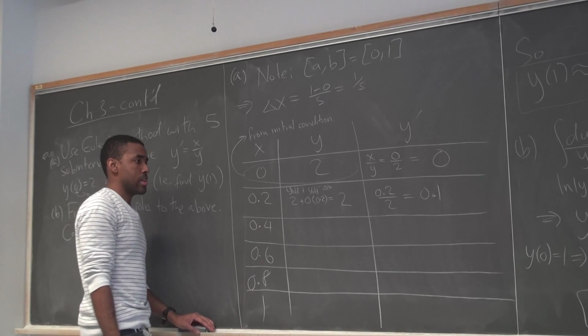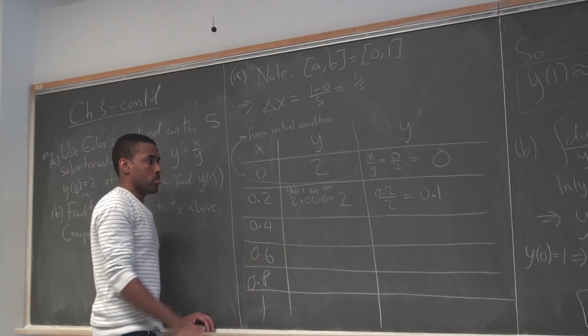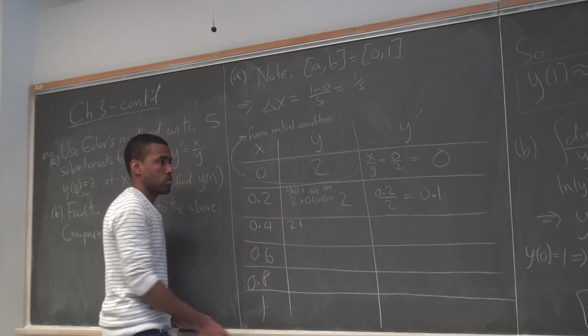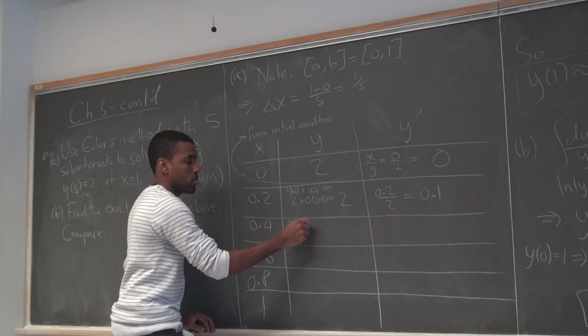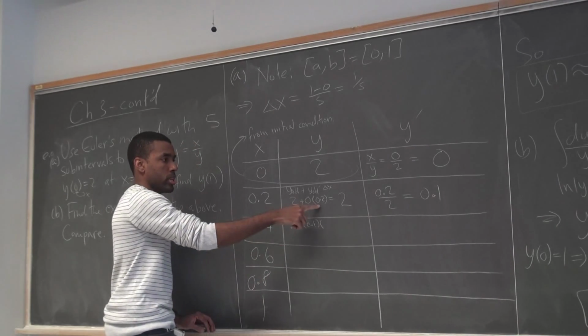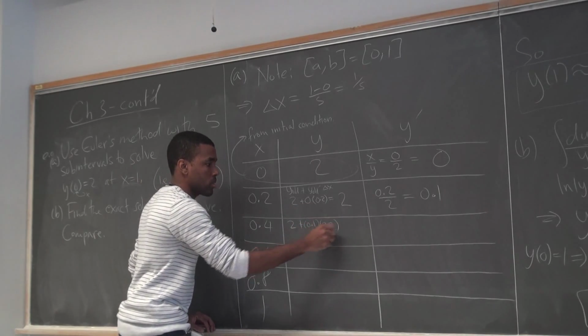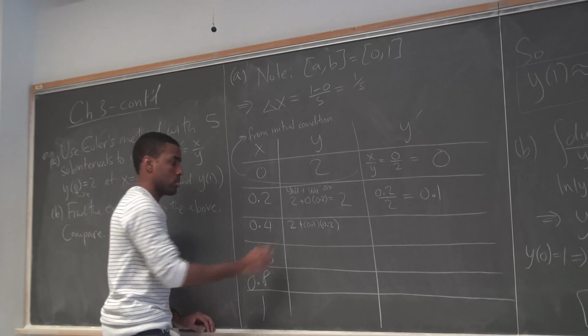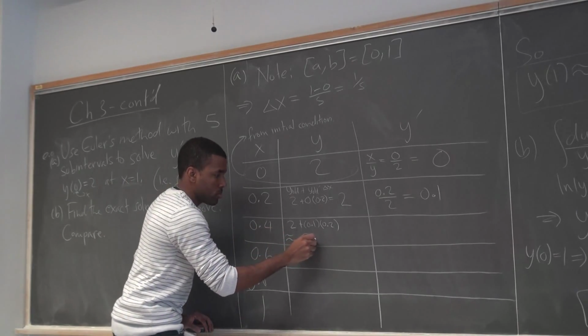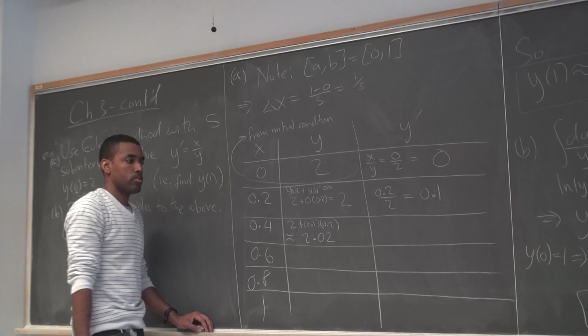Now I go to the next step. What do I put here? 2 plus the old y prime, 0.1, from the previous row, times my delta x. And what's that? 2.02.